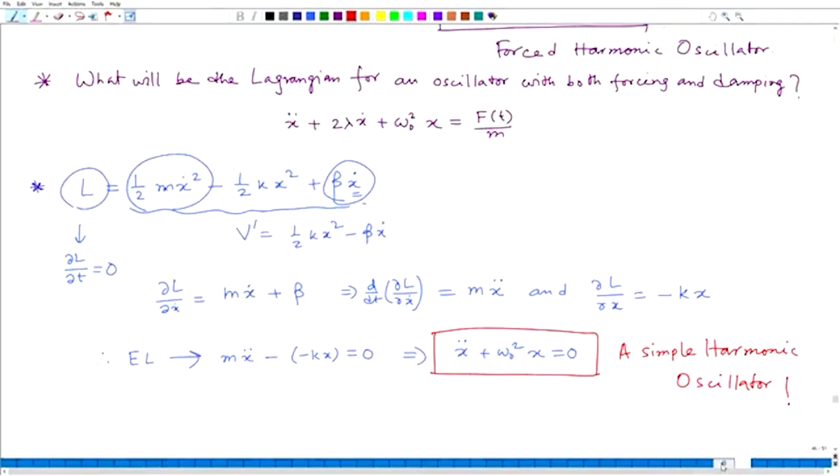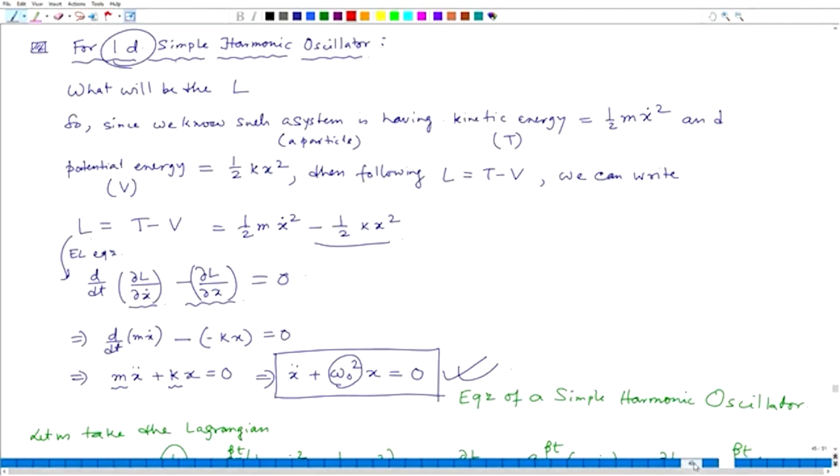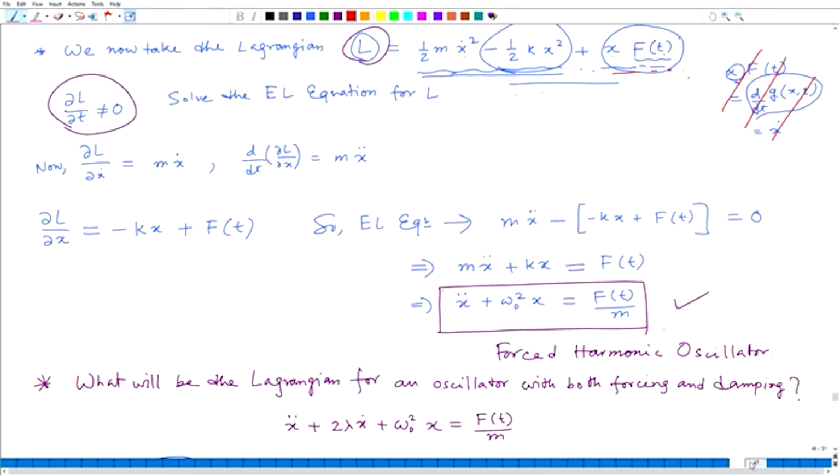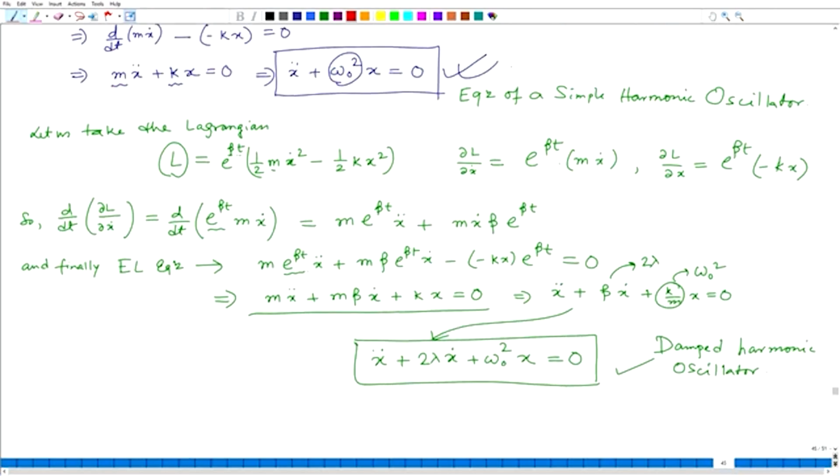Now, finally, I understand everything, but is there any other point by which I can understand this a little better? That means using some concept which I have already learnt in previous lectures. Just remember the very last property which I discussed as a recapitulation today, the concept of equivalent Lagrangians. You have to be sure on one point: if two different Lagrangians produce the same equations of dynamics, they are equivalent Lagrangians.